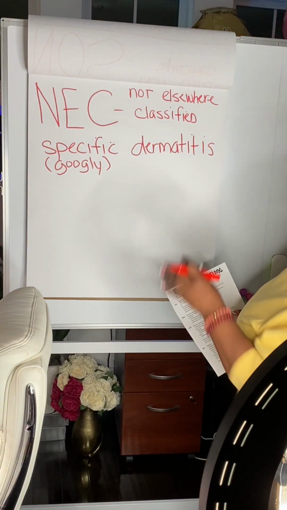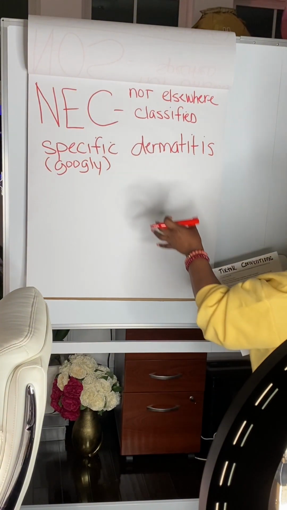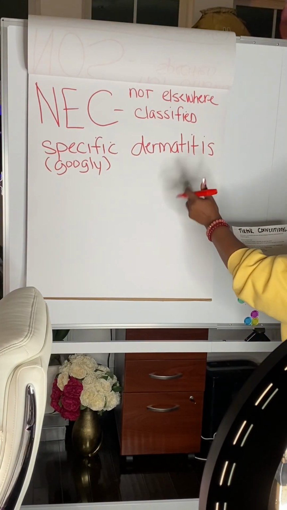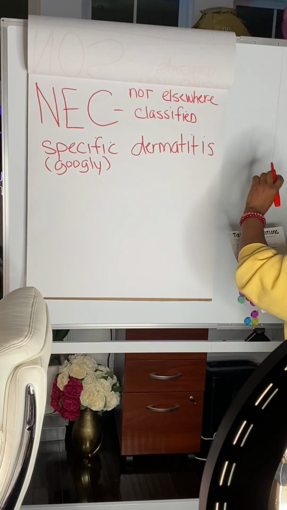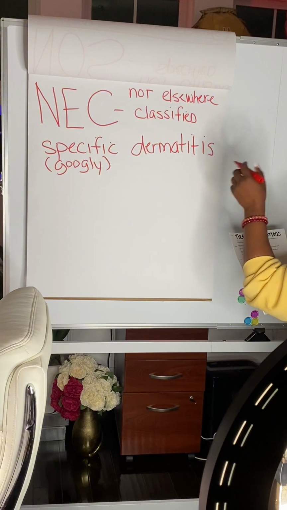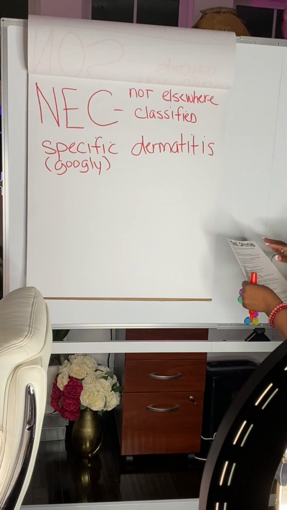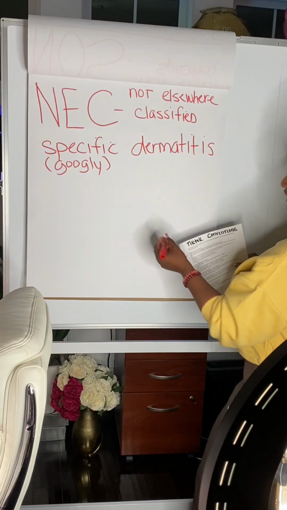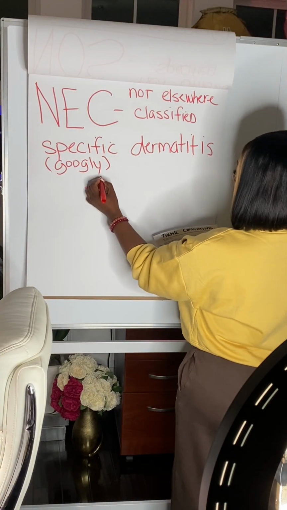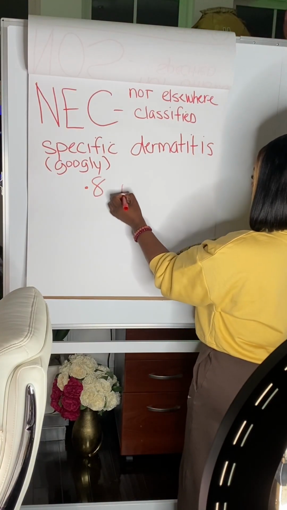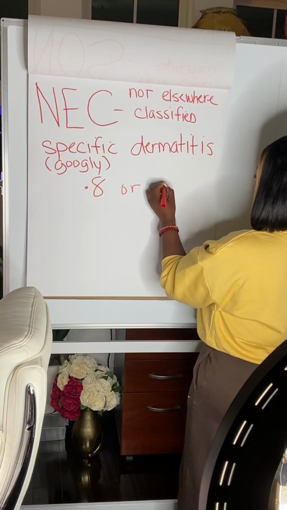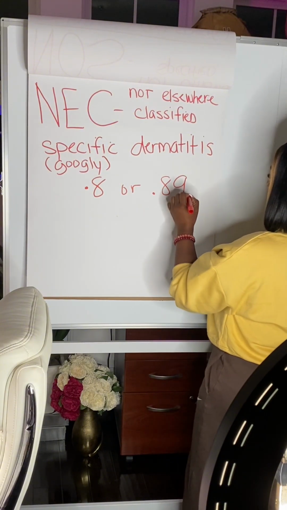If we index dermatitis and we can't find googly, this is where NEC chimes in. NEC, not elsewhere classified. Usually NEC codes are going to end in .8 or .89.